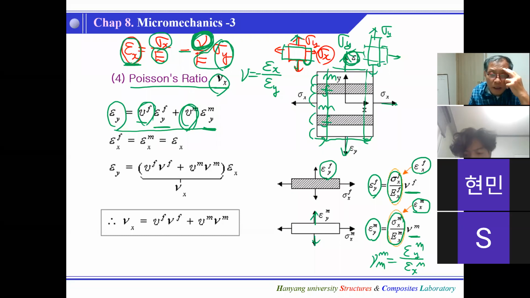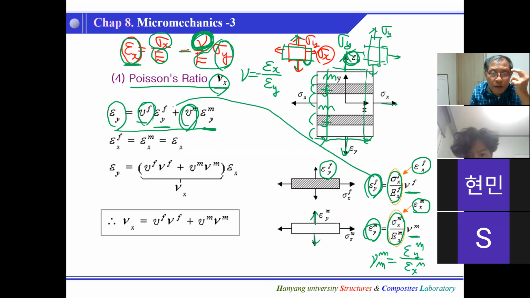Same for the fiber. So we have these three strains, and this term goes here because of the rule of mixture in the Y direction, and this one goes here. Then we have the X directional fiber and X directional matrix strain, which are the same as the applied strain.